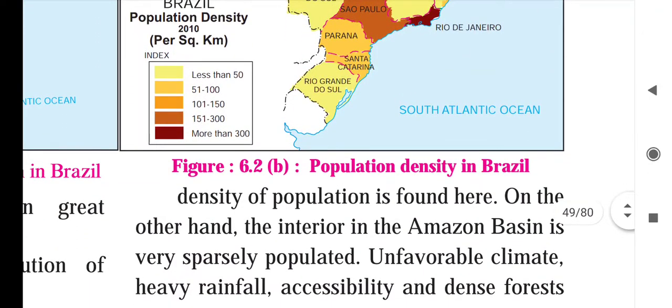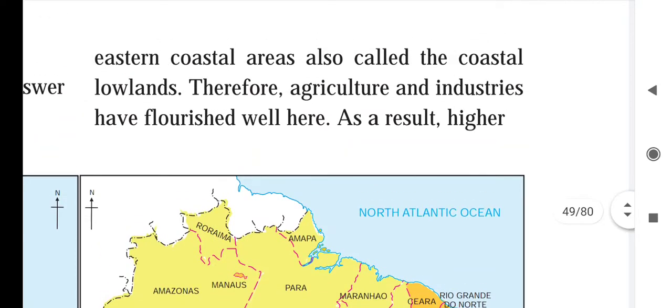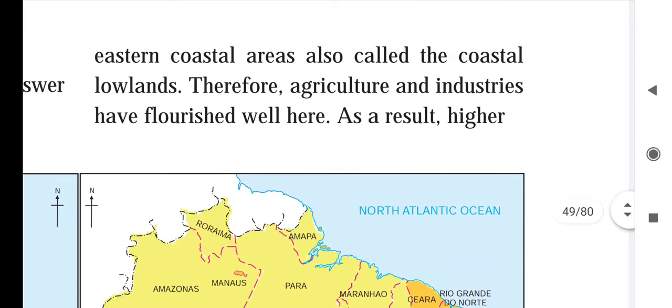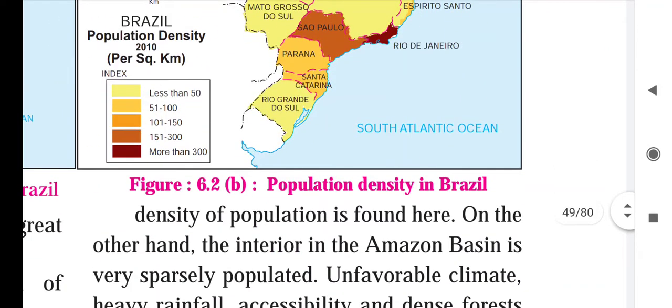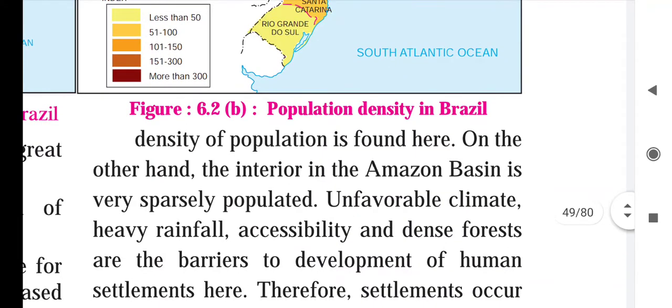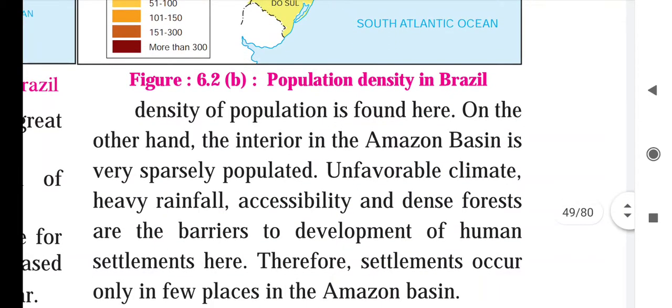Because the area is coastal, and in the coastal areas the land is fertile, due to that agriculture and industries have flourished, and where agriculture and industry flourish, the population will be more dense. On the other hand, the interior of the Amazon basin is very sparsely populated.